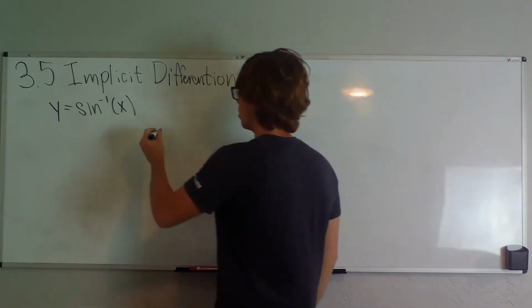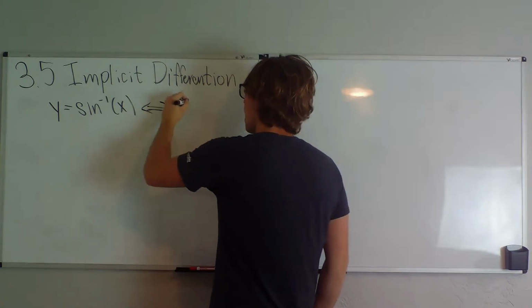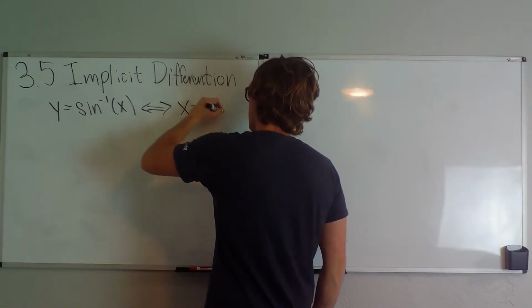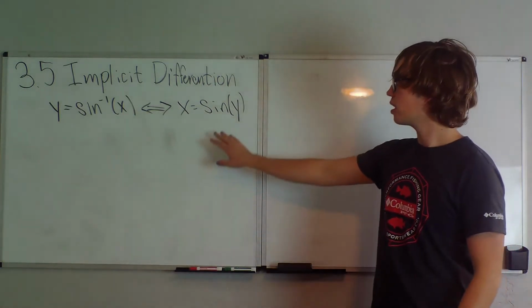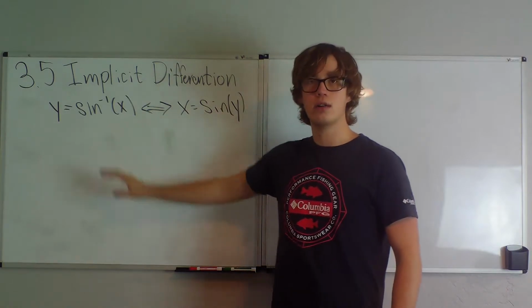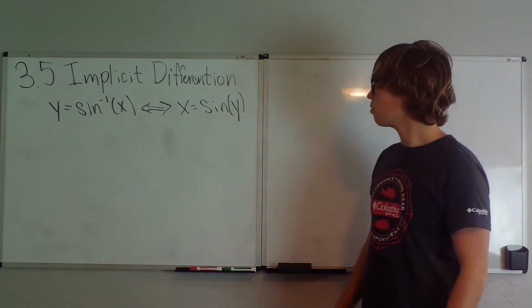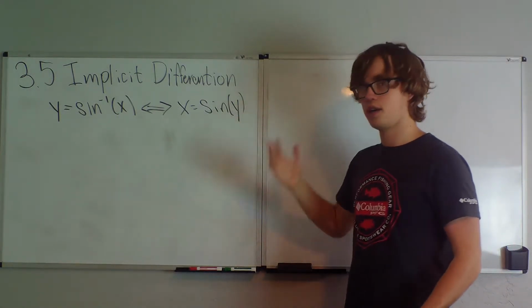How can that be rewritten? Well, it's an inverse function, so we can rewrite it as x is equal to sine y, right? These are equivalent statements, because this is just the inverse of the other. Okay, perfect. And now we can implicitly differentiate this, because we have a sine of y.